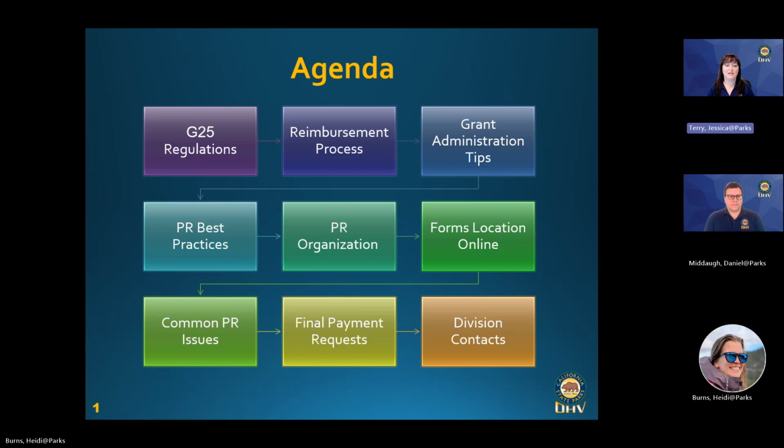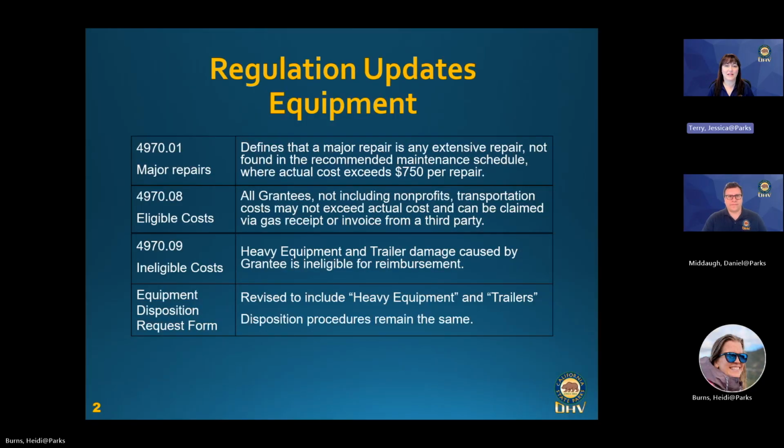We'll then move into reviewing some common issues we see within payment requests, and we'll touch on what's due at the final payment request. Lastly, we'll end with our contact information so you can reach out to us for help in the future. And let's go ahead and jump right into those G25 regulation updates.